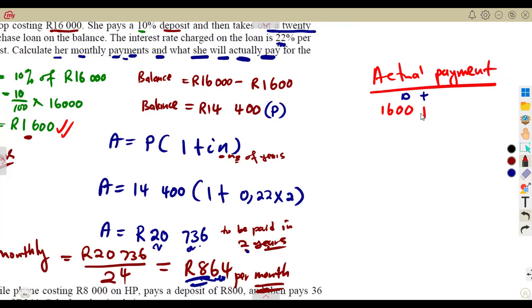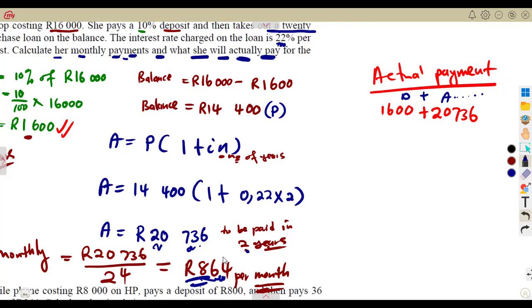So we're going to add 20,736. So we are adding our A in this case, which is the accumulated amount to be repaid in 2 years. So that was going to give us the amount that she's going to actually pay at the end. So this is what you have. All right, so let us just have our calculator here.